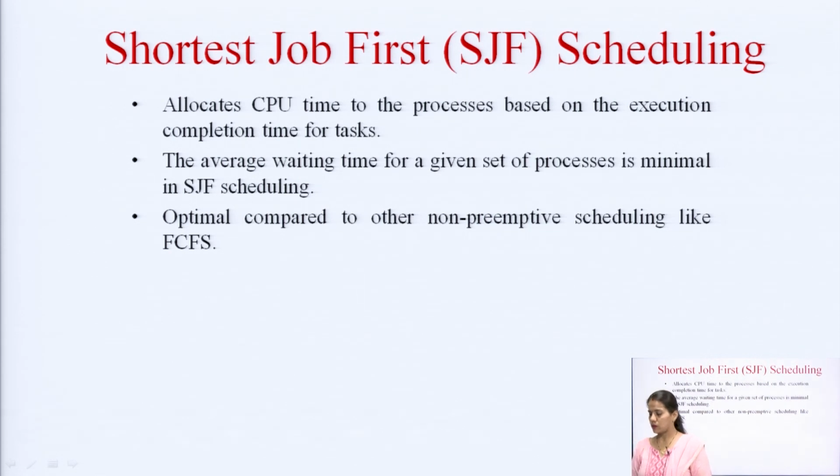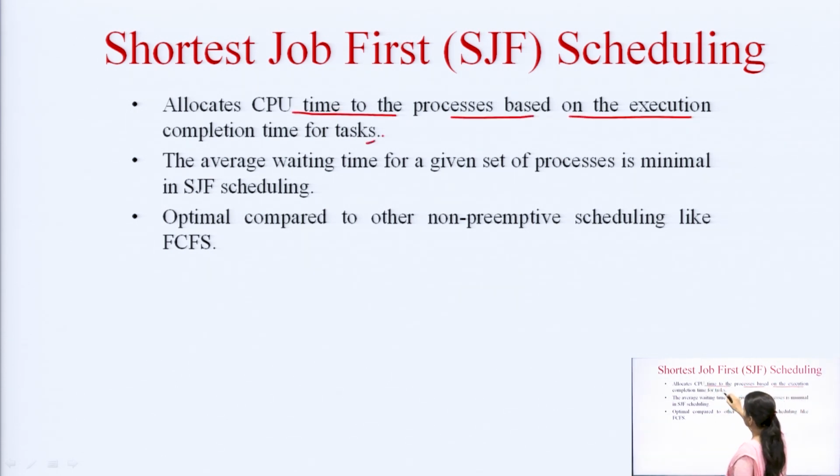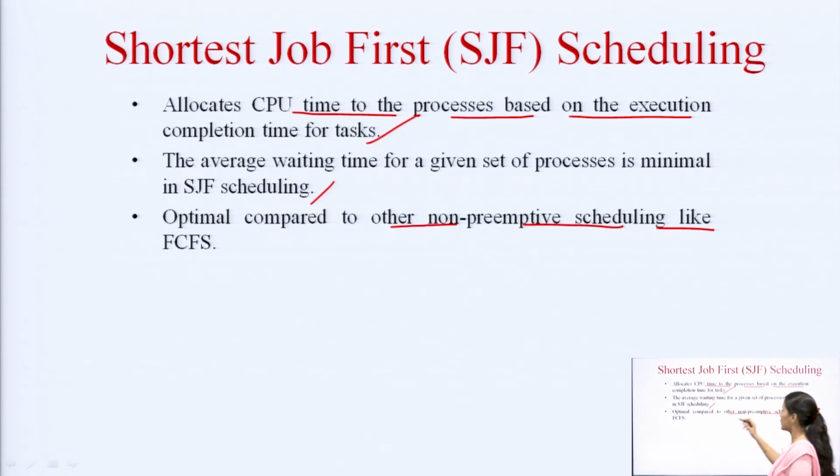average turnaround time. Now, we come to the next scheduling mechanism, that is shortest job first. It allocates the CPU time to the processes based on the execution completion time for the tasks. The average waiting time for a given set of processes is minimal in SJF scheduling, optimal compared to other non-preemptive scheduling like FCFS.